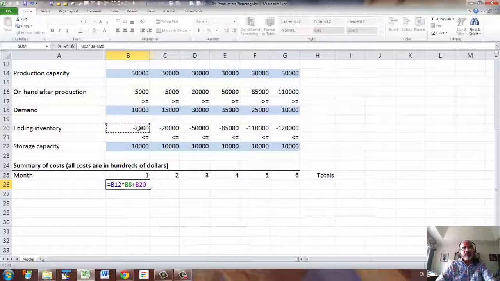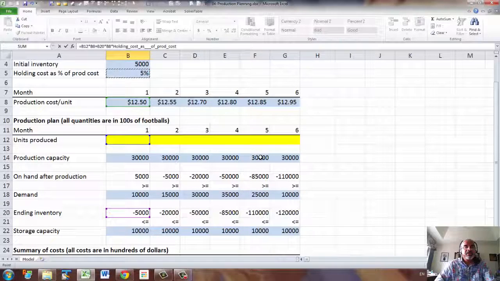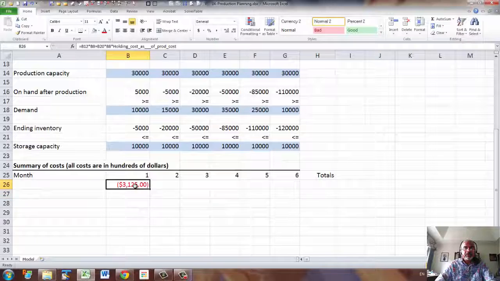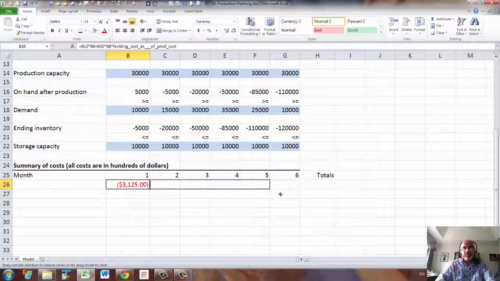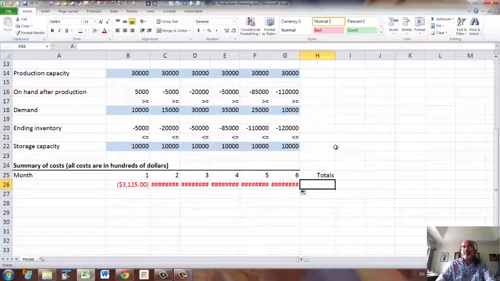Okay, so ending inventory times holding cost. Holding cost is, remember, production cost times the percentage. Holding cost is that percent of the production cost. Copy that across. And then you sum.